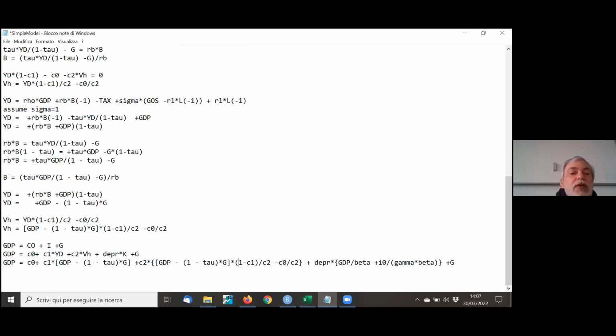So let's try to do this without making stupid mistakes. So C1 is multiplying this term in here. And I can drop the brackets. C2 is multiplying GDP. I'll have to do it with the square bracket.